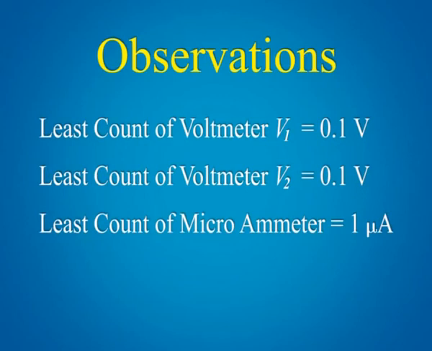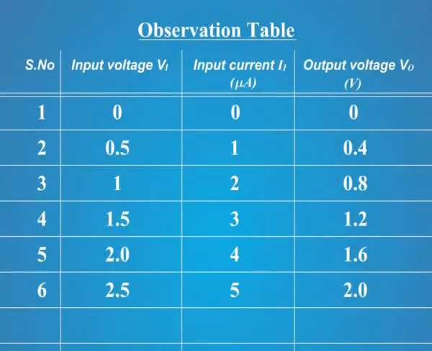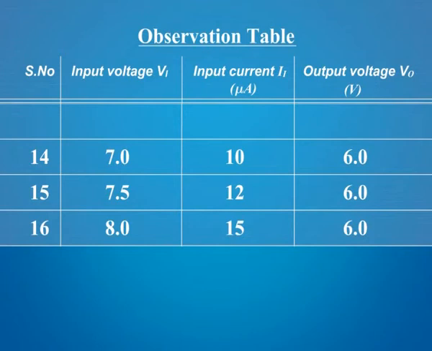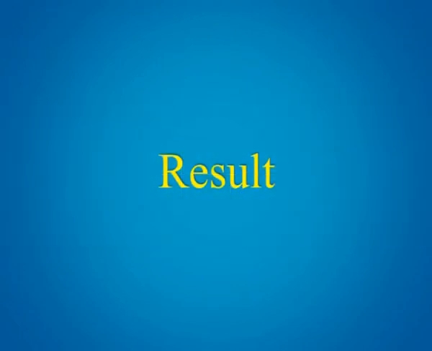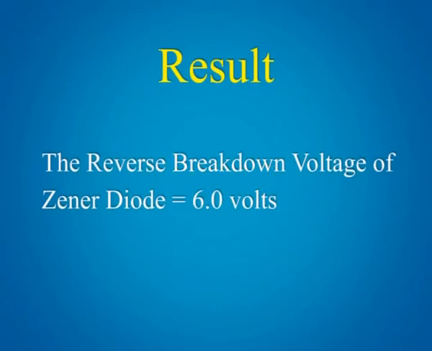Finally, after recording your observations, the observation table should appear like this. Give a careful look at the observations. Then, this is how we present the result. The reverse breakdown voltage of the Zener diode is equal to 6.0 volts.